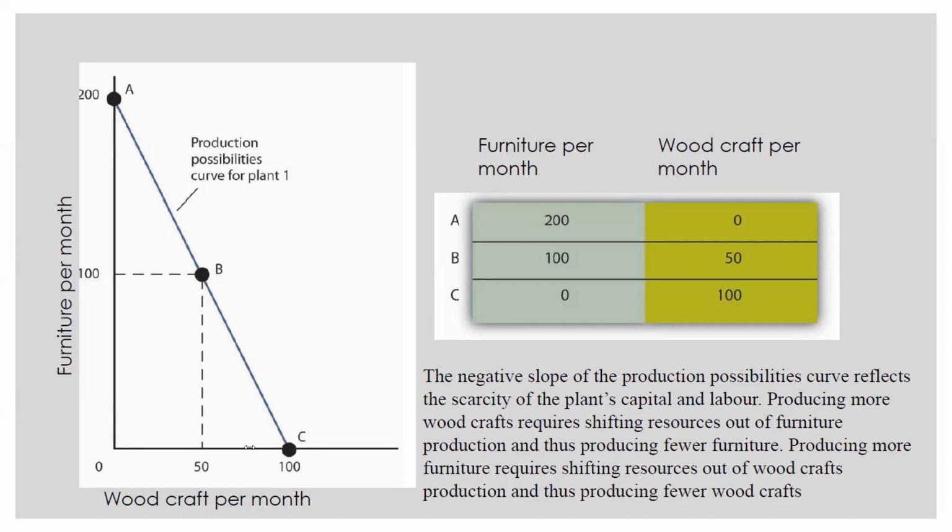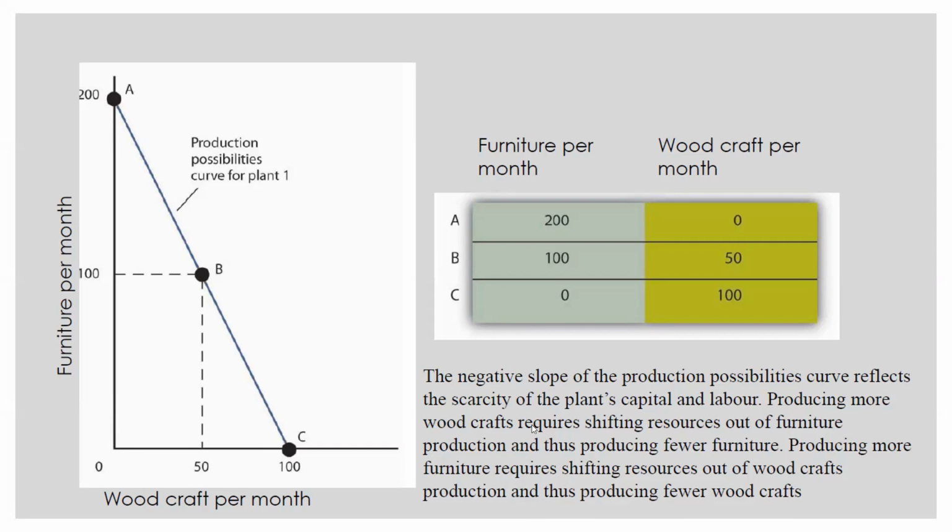Yes, exactly. Limited resources for unlimited wants. So the negative slope of this production possibility curve simply reflects the scarcity of the plant's capital and the labor. So we have limited capital as well as limited labor. Producing more woodcrafts requires more resources, shifting from furniture to woodcraft production.